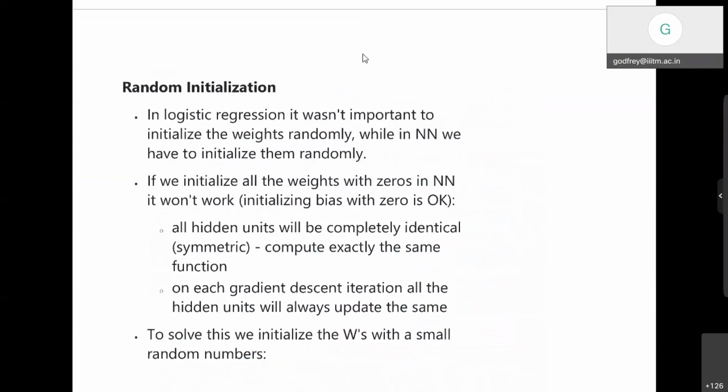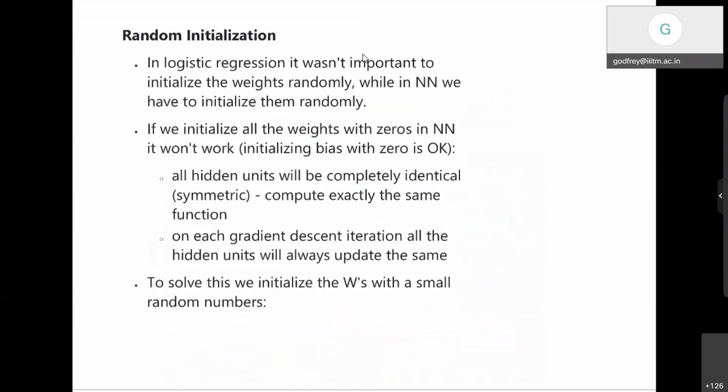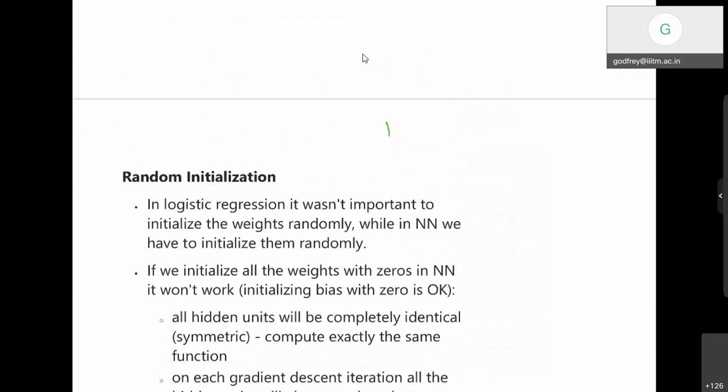Now we come to initializing. How do we initialize this? With respect to logistic regression, the weights could be initialized with 0, and the bias terms also could be given as 0.